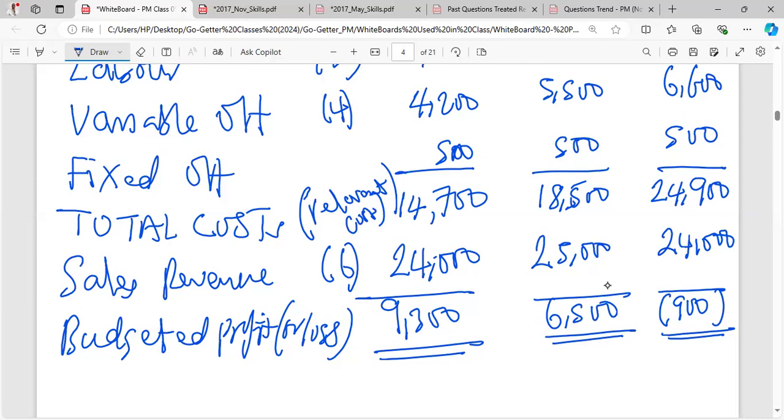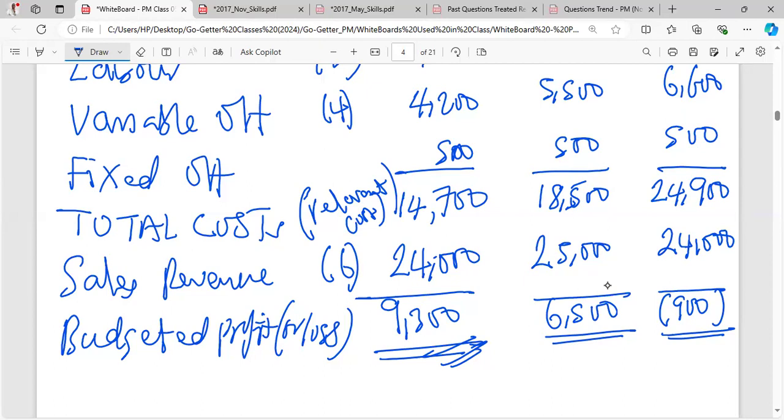So based on contribution analysis, the company should use 80,000 cases because they will have the highest contribution achieved. Now, this is the solution to this question. You can go through your ICAN study pack and see more reasons being given here why this solution is actually correct.